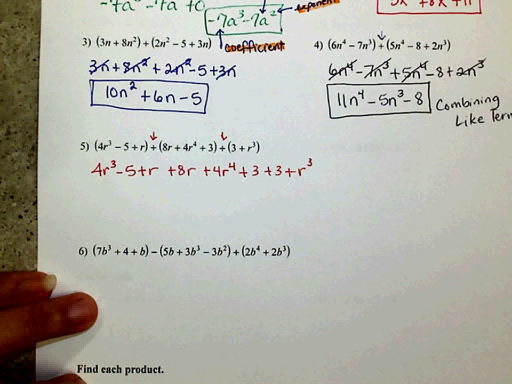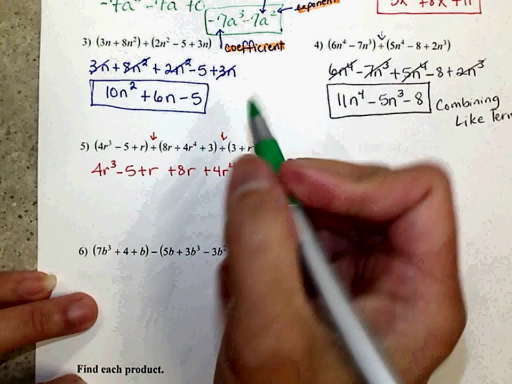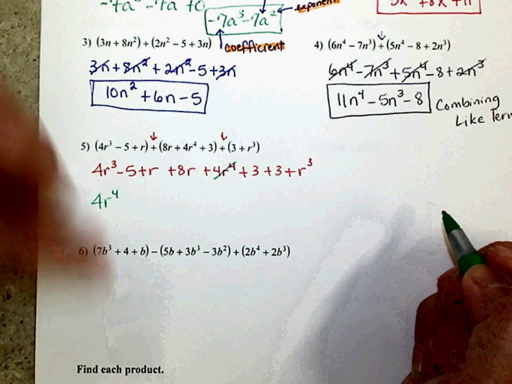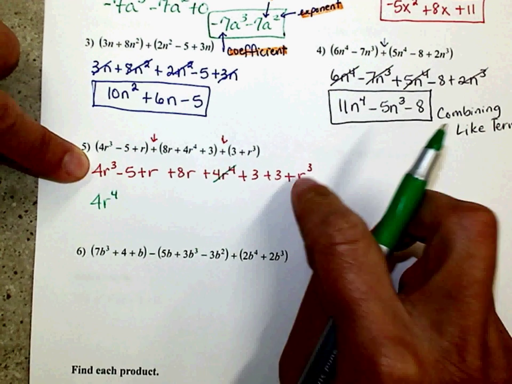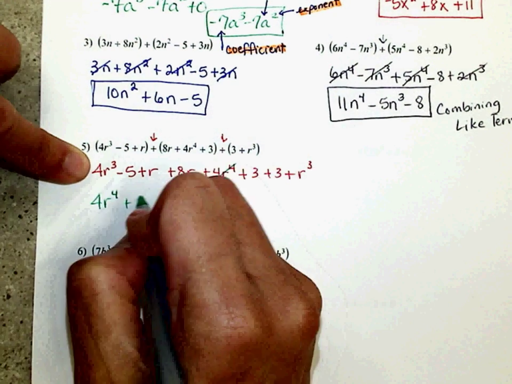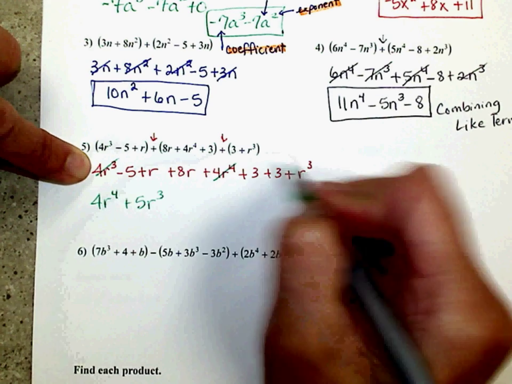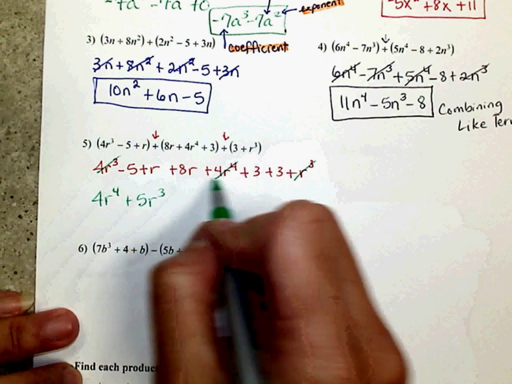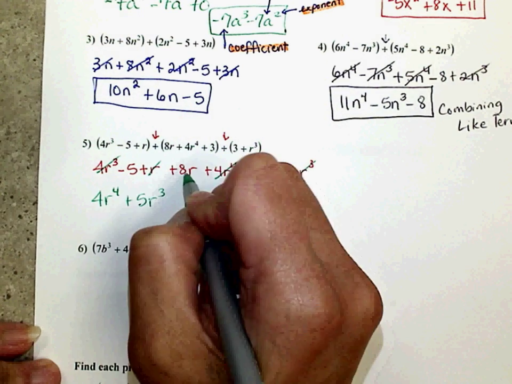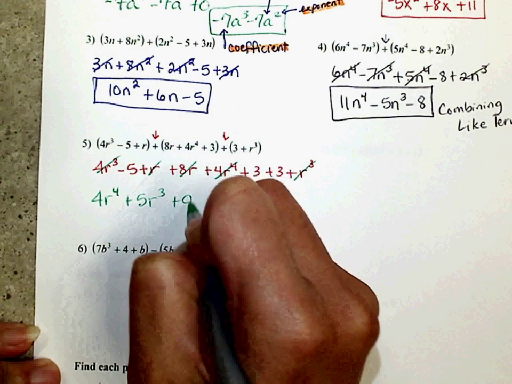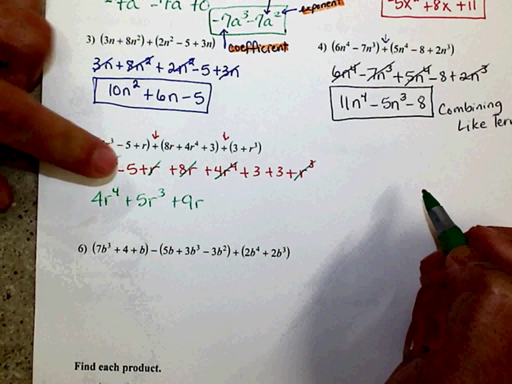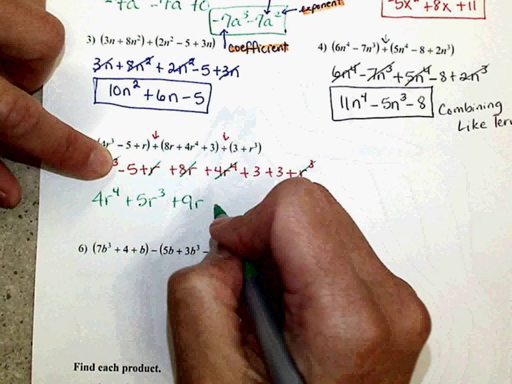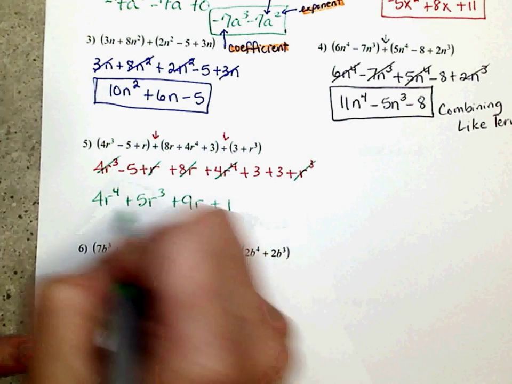Combine your like terms. The highest degree I see is 4r to the 4th. Next, 4r cubed plus 1r cubed is positive 5r cubed. Next is r squared. I don't see r squared. Next is r plus 8r, which is positive 9r. Negative 5 plus 3 is negative 2. And there you have it from highest degree to your lowest degree.